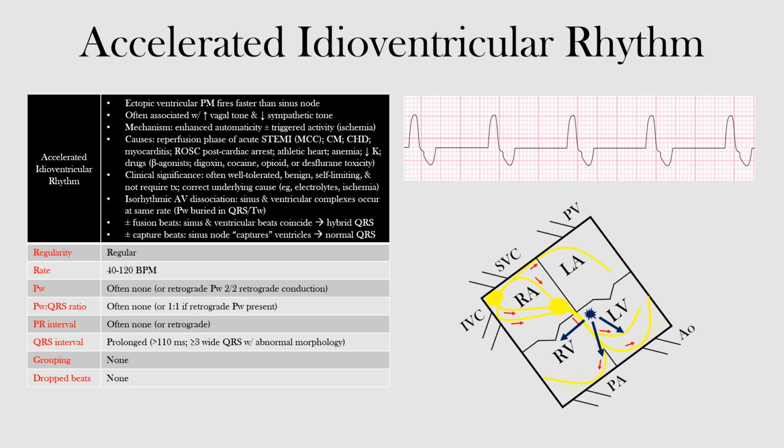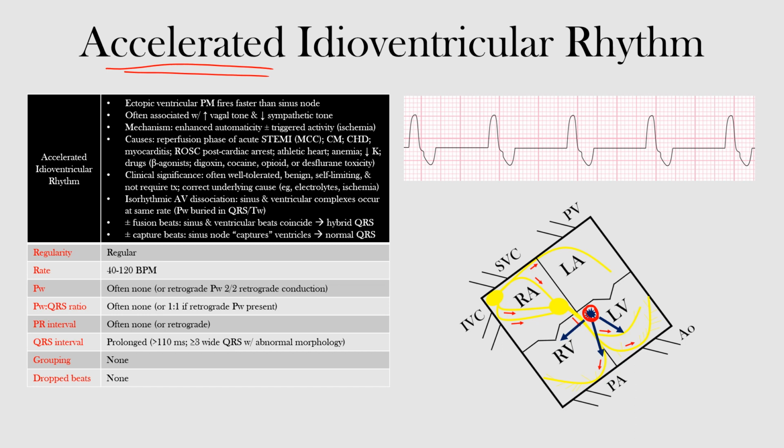So if you look here, again, we're talking about our ventricular rhythms, and we're having this rhythm come right from our ventricles, okay? The only difference here from our idioventricular rhythm is now it's accelerated. So we have a rhythm coming from the ventricles because those above it are not firing in its place, and because now we have this also occurring in the setting of increased vagal tone and decreased sympathetic tone.